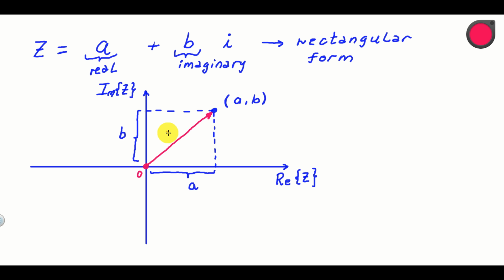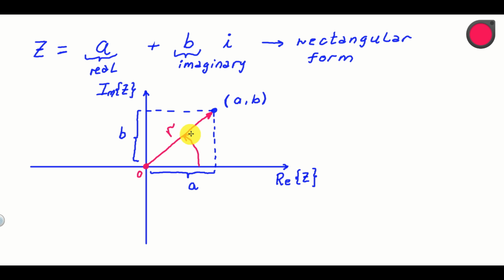The intensity or the length of this vector is denoted by r. Then, we need another coordinate, since this vector can rotate, and another coordinate is the angle that this vector creates with the real axis. And here's the angle.